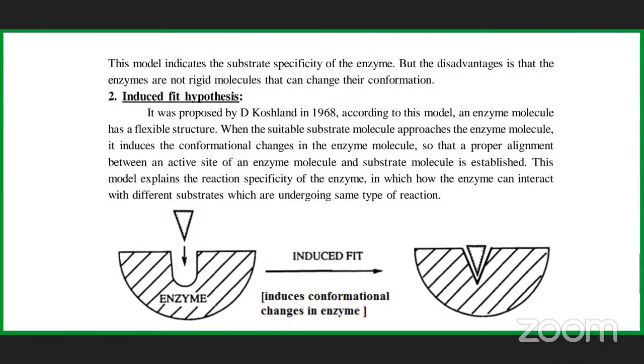With the lock and key hypothesis, it is proposed that the enzyme's geometry or structure is fixed, a rigid structure. But in the induced fit hypothesis, the enzyme molecule has a flexible structure.